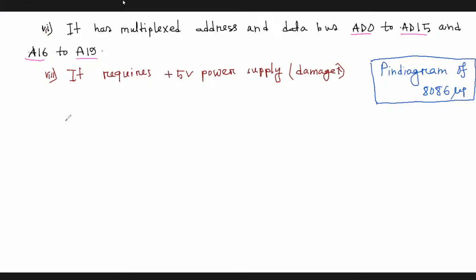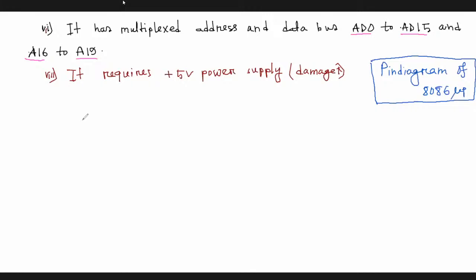Okay, point number 9. You already know what the range of address is. Address range means starting address to ending address. What is the starting address?